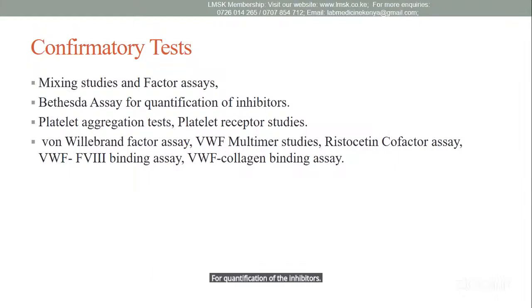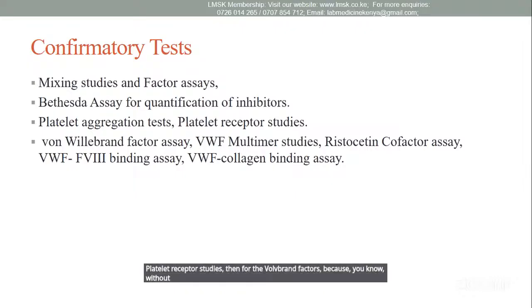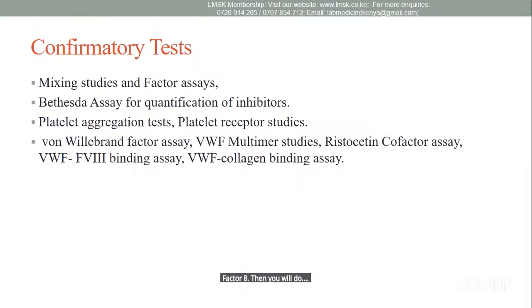Then we have platelet aggregation tests, platelet receptor studies. Then for von Willebrand factor, because you know without von Willebrand factor it also affects factor 8, you will do ristocetin cofactor assays, von Willebrand factor 8 binding assay, and von Willebrand collagen binding assays. Next slide, please.